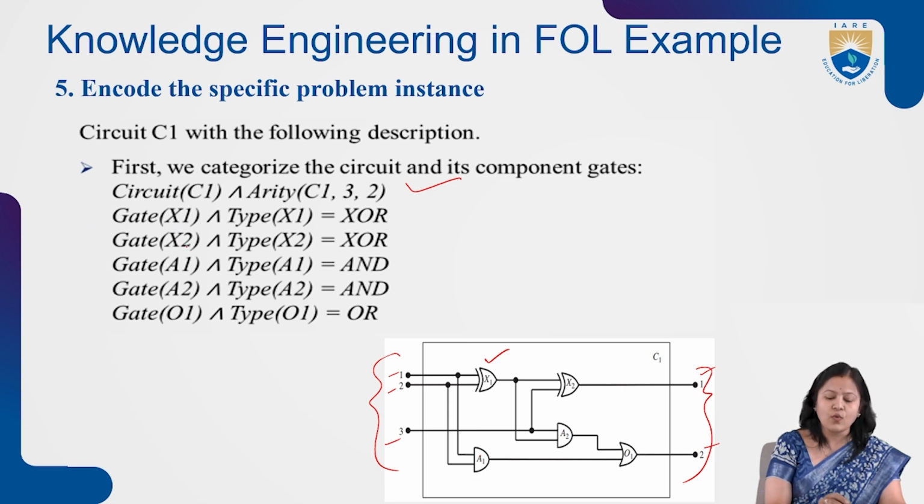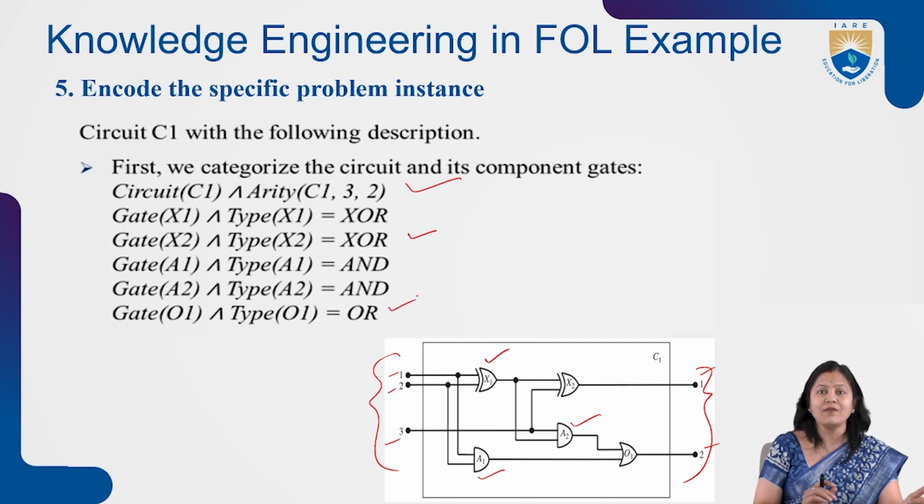So gate x2 and type of x2 is equal to XOR. And similarly gate A1 and type of A1 is AND. Gate A2 and type of A2 is AND. And gate O1 and type of O1 is OR. So like this we have to describe each component.